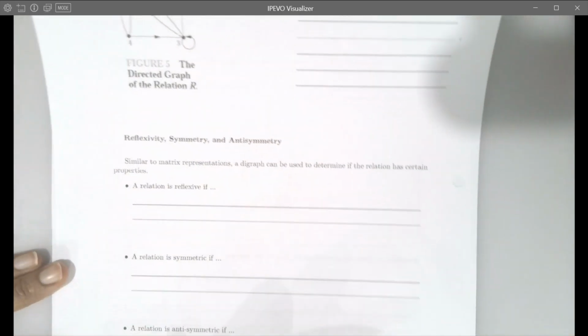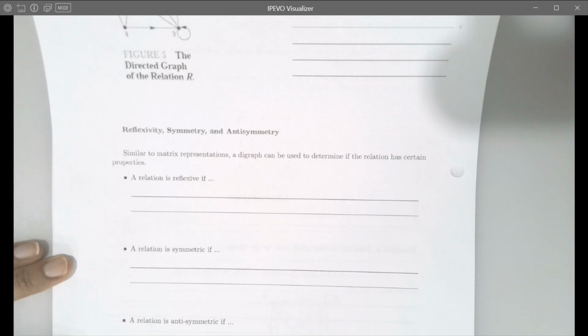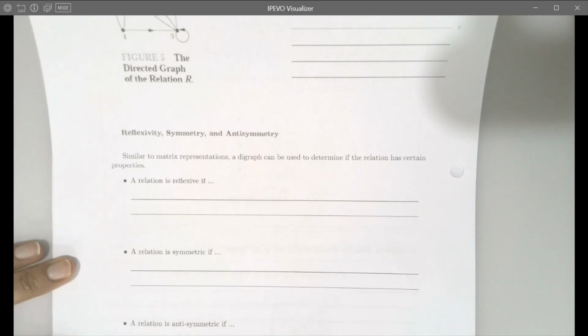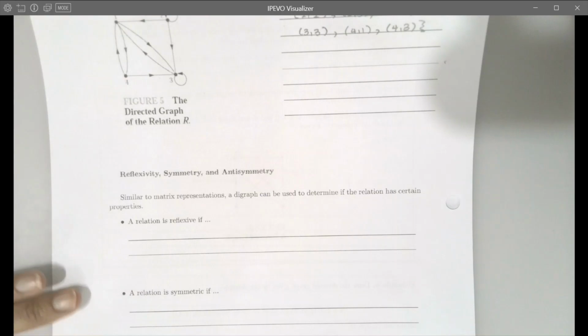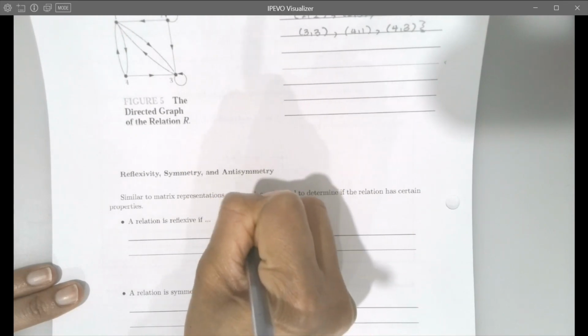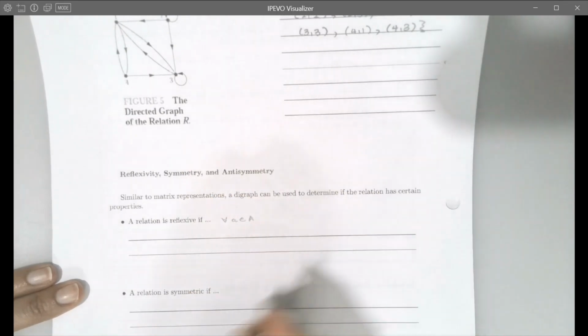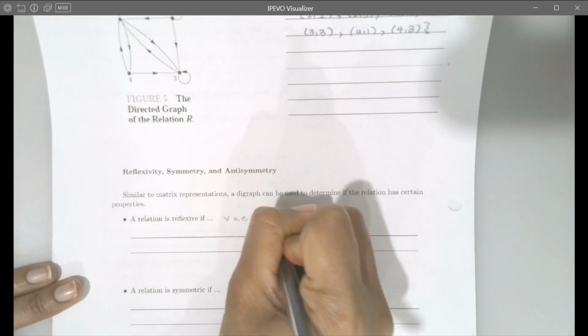Okay, let's take a look at these properties of reflexivity, symmetry, and anti-symmetry. If we have the digraph of relation R, we can tell whether a relation is reflexive, and recall reflexive means that for every element in the domain, there is an ordered pair that is the element with itself. So basically, for any element A in the domain, we have that A comma A is part of the relation.